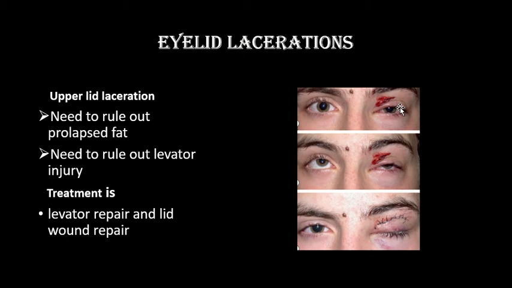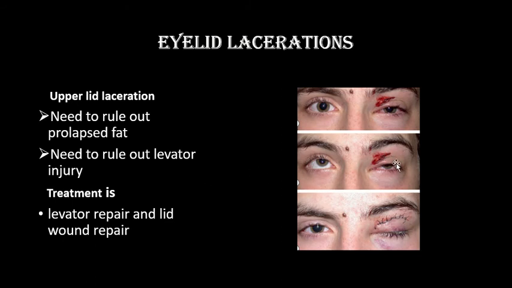If the septum is torn and there is orbital fat prolapse, the patient needs systemic antibiotics. And secondly, we need to rule out levator injuries, because if there is injury to the levator superioris, the patient is unable to lift the upper eyelid, and we need to repair the levator before closing this wound, this lid laceration.